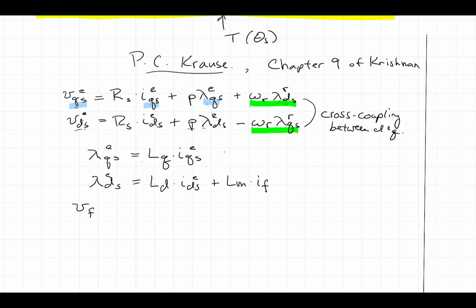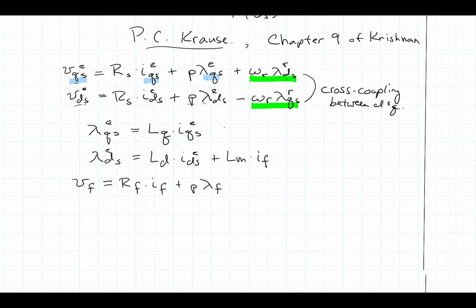So the field is on the rotor. The rotor is rotating in the synchronous reference frame. And so really, we didn't have to do any transformation. We're already there, and this equation didn't change. So it ends up being RF times IF plus P lambda F.